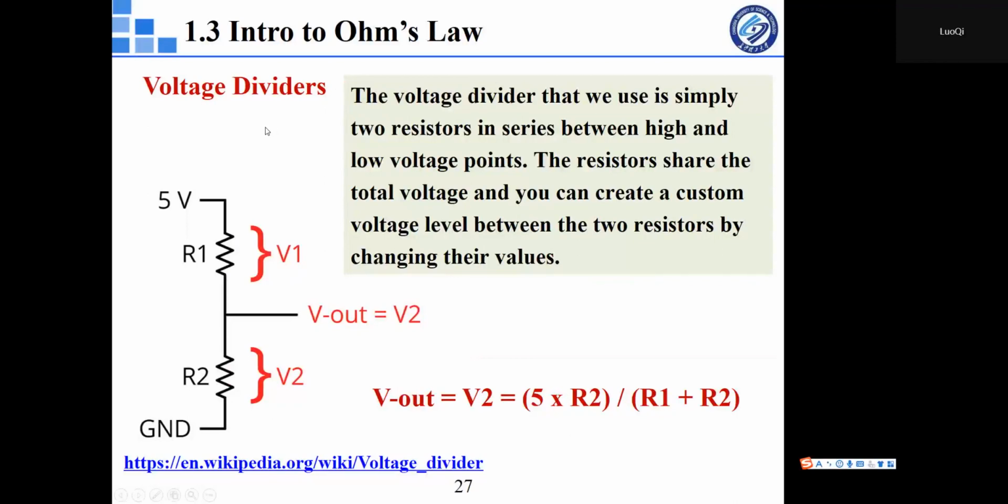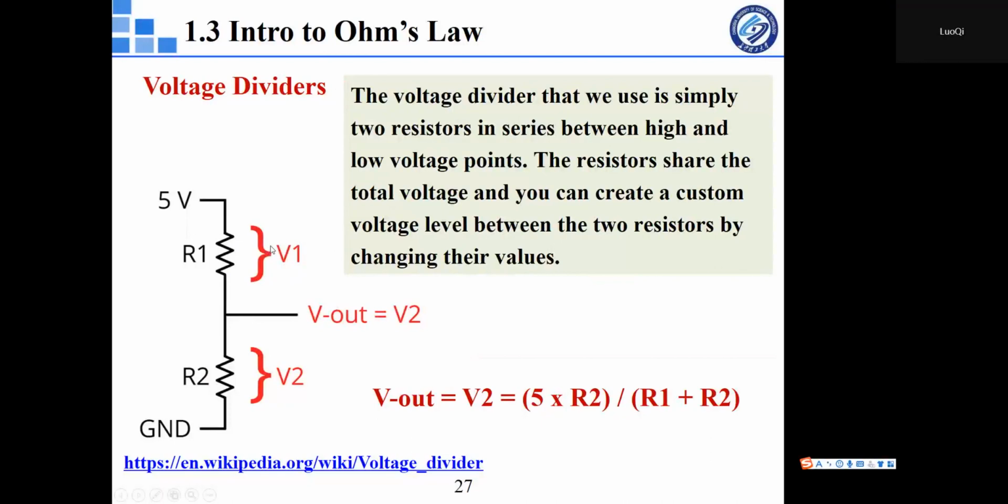Voltage dividers. A voltage divider is simply two resistors in series between high and low voltage ports. The resistors share the total voltage, and you can create a custom voltage between the two resistors by changing the value.